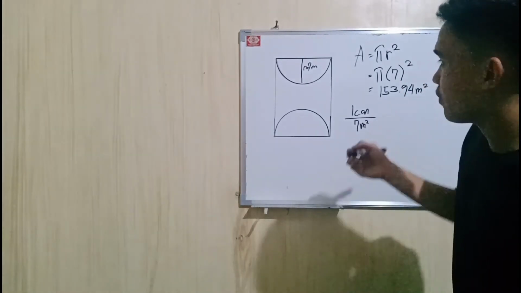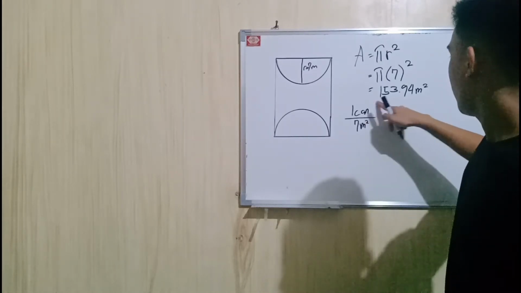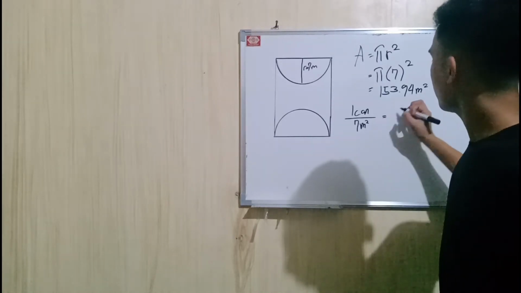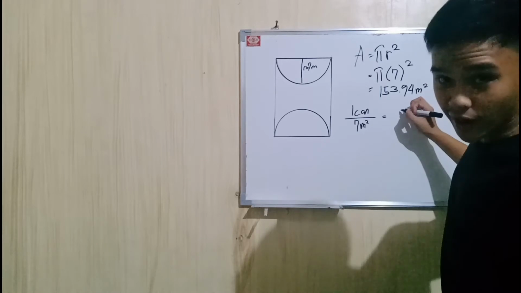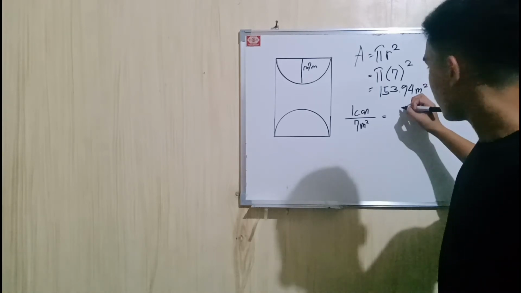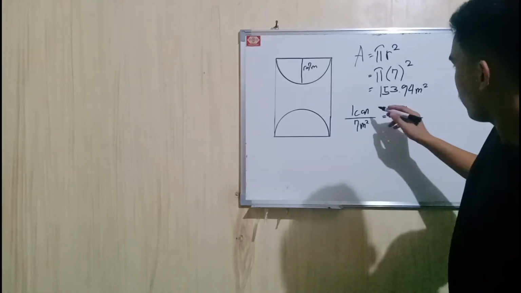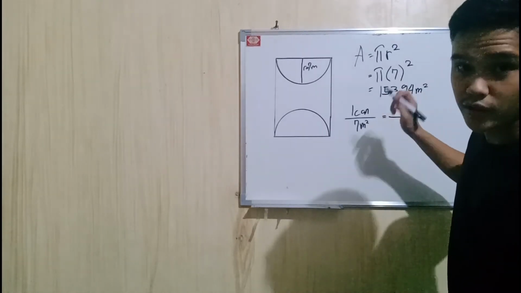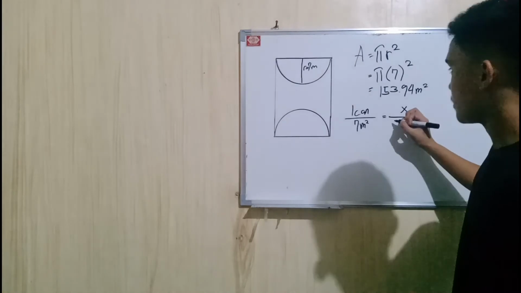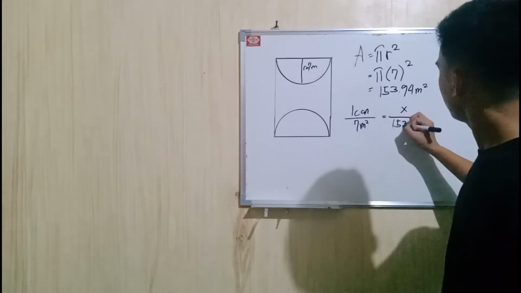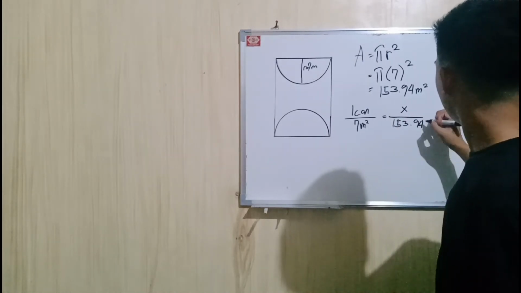So to find how many cans are needed, let the number of cans be x, over the total area of the 2 semicircles, which is 153.94.